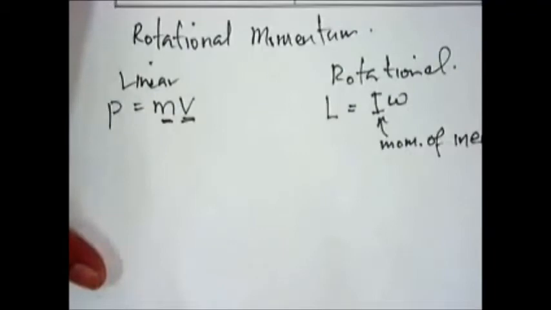So that is how you find angular momentum: moment of inertia multiplied by omega.